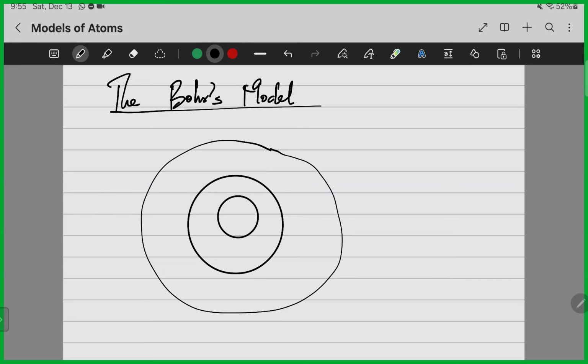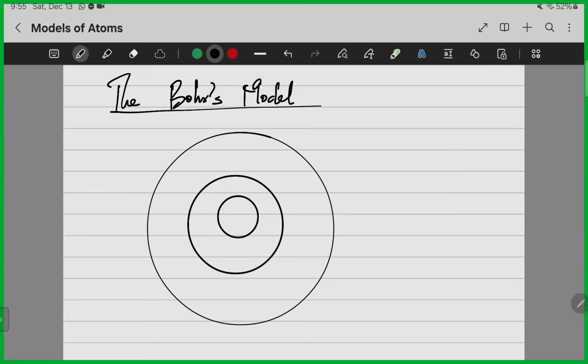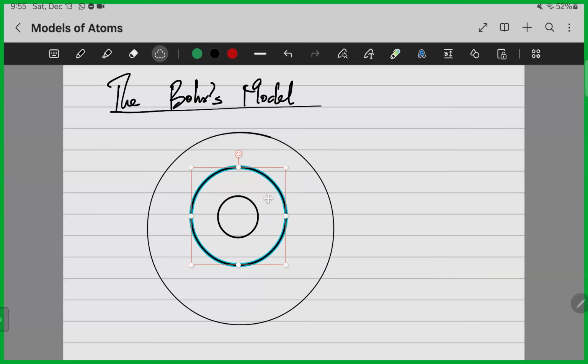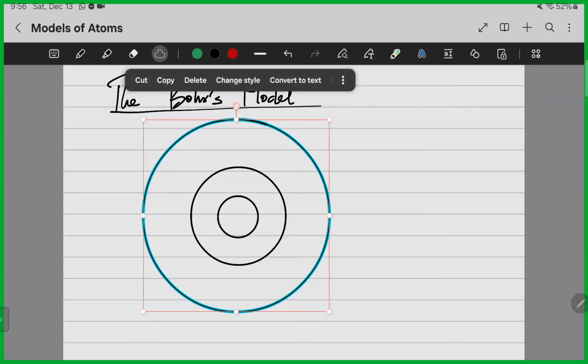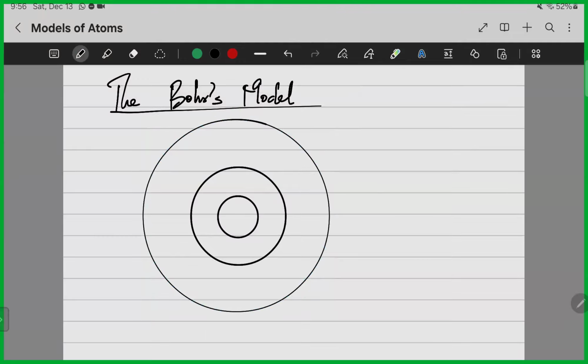I'm drawing it first before I write about it. Let me move some things. So the Bohr model has to do with, I'm going to draw this first before I explain.